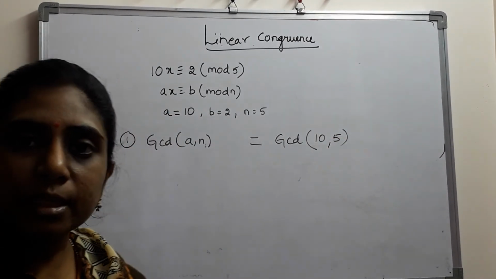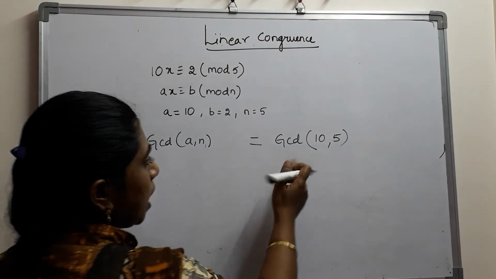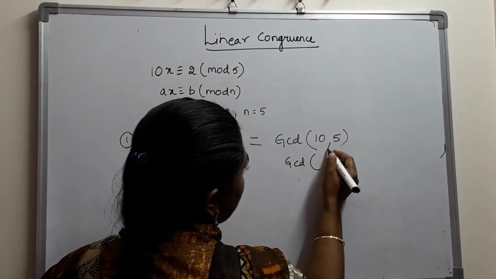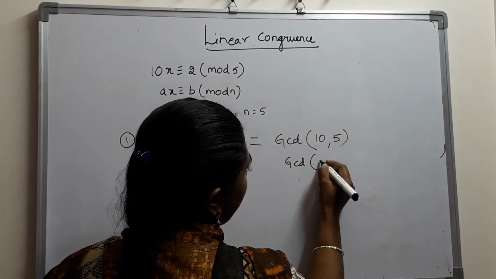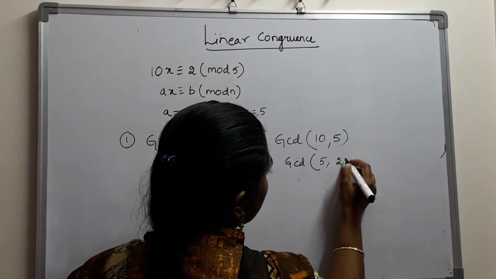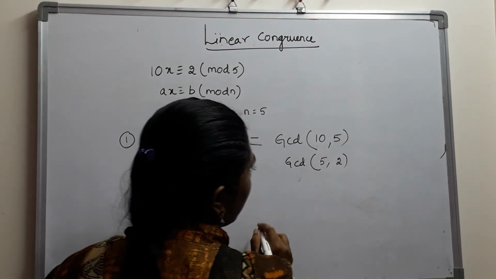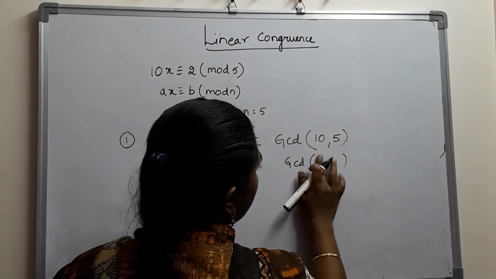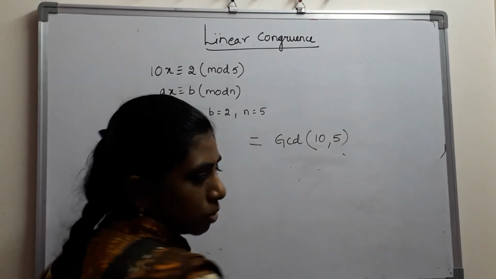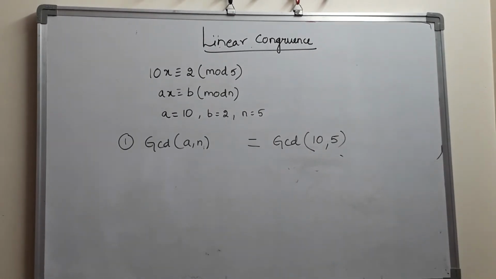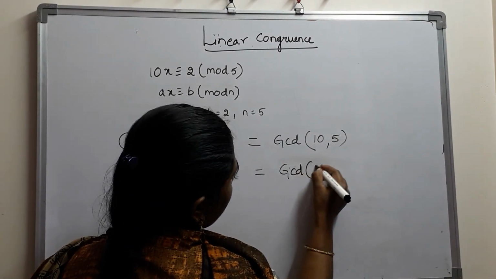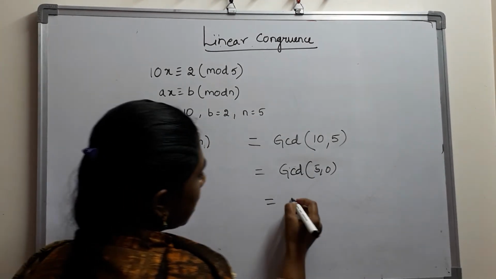According to the Euclidean algorithm, we can solve the GCD of 10 comma 5. 5 divides 10 two times, and the remainder is 0. So here the GCD of 5 comma 0 is 5.